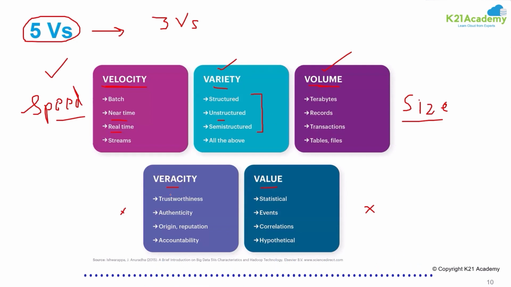Then when we say veracity, this concept can be very helpful when you are working with machine learning, AI related things, or anything you want to predict. For example, you are working on a project that is taking data from a data warehouse.